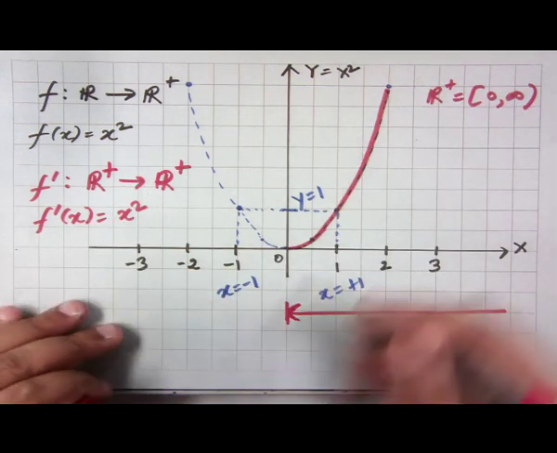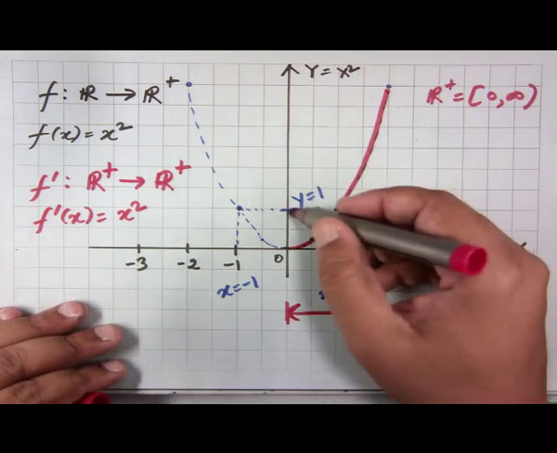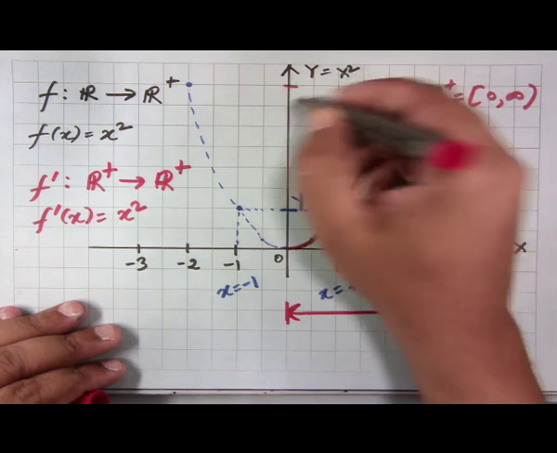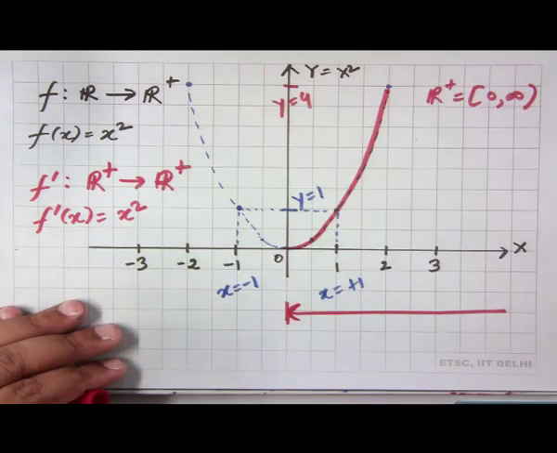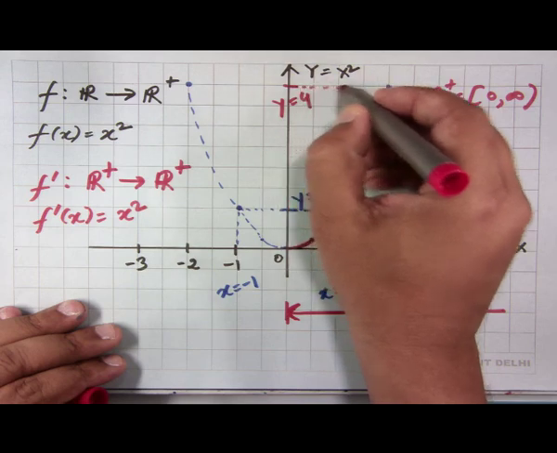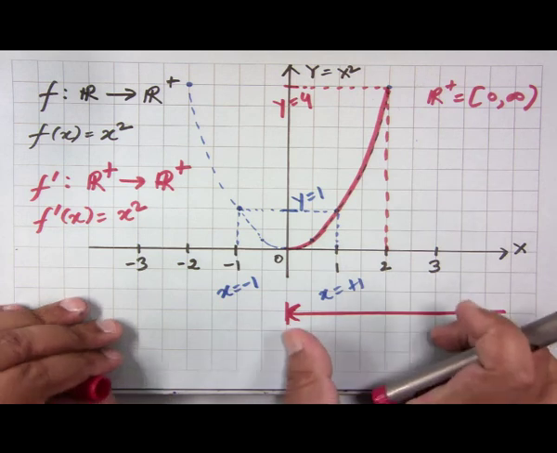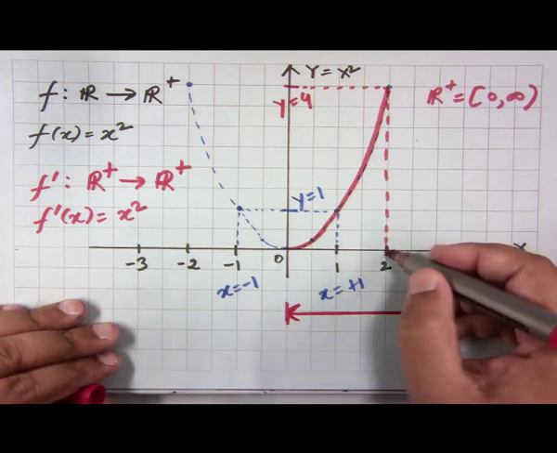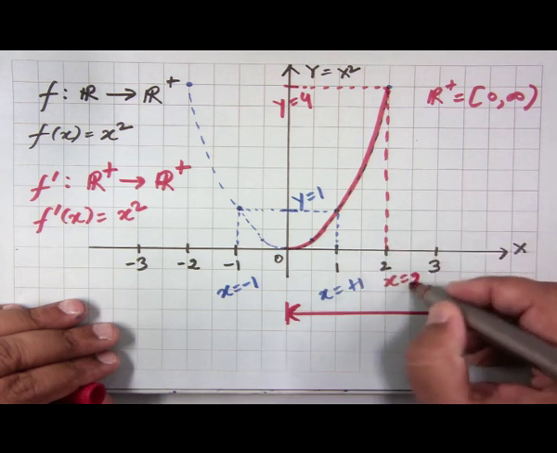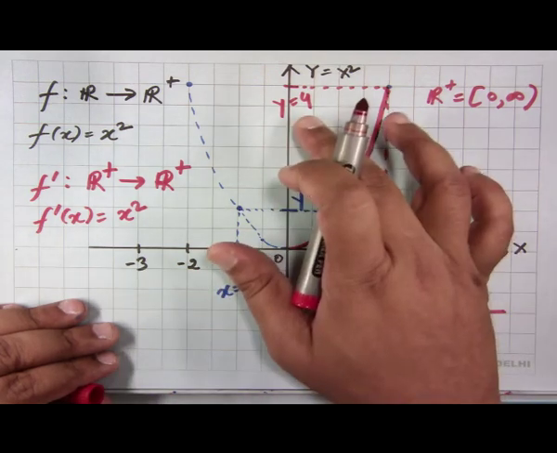And now, if we take any value of y, let us say this is y equal to 1, 2, 3, let us say 4 here. So, if we take y equal to 4, then what we see is that with the restricted domain, there is only one unique value of x, which is x equal to 2, for which f prime x is equal to 4.